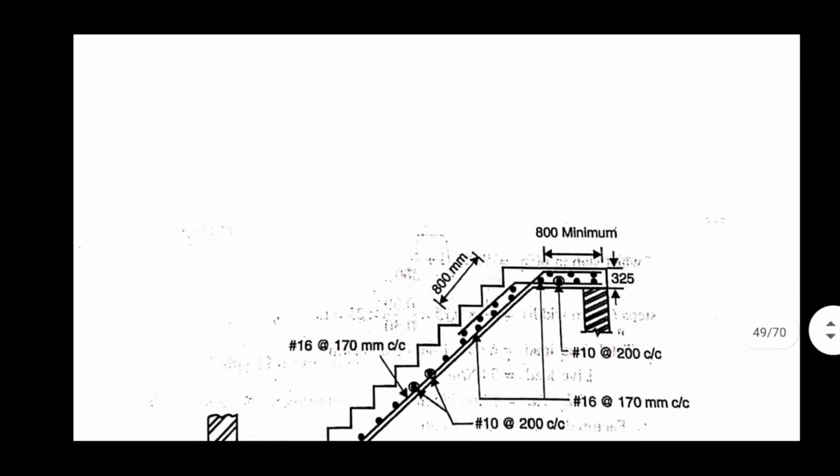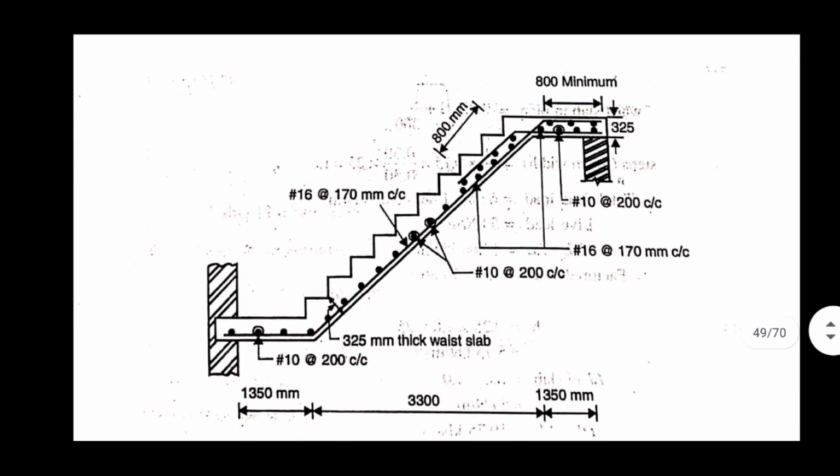So this is the figure as per design data. This is the figure of one flight, and the other flight will also be the same. This is the cross sectional view of the flight. You can check here the total length. As distribution steel, 10 dia bar is provided at 200 mm center to center, and for main bars 16 mm dia bar at the rate of 170 mm center to center is given.